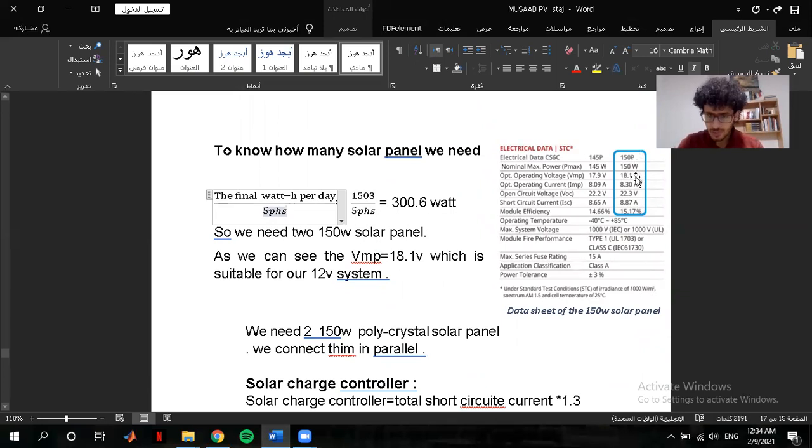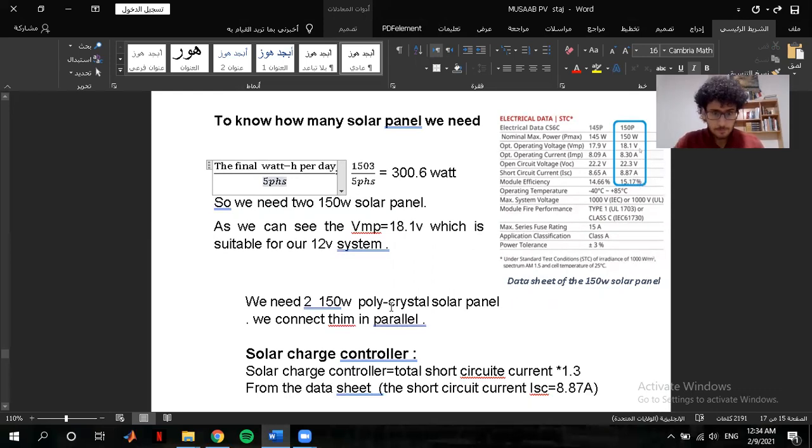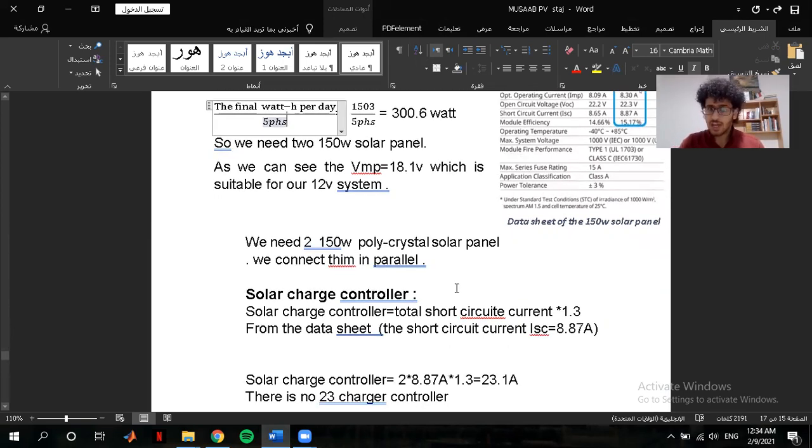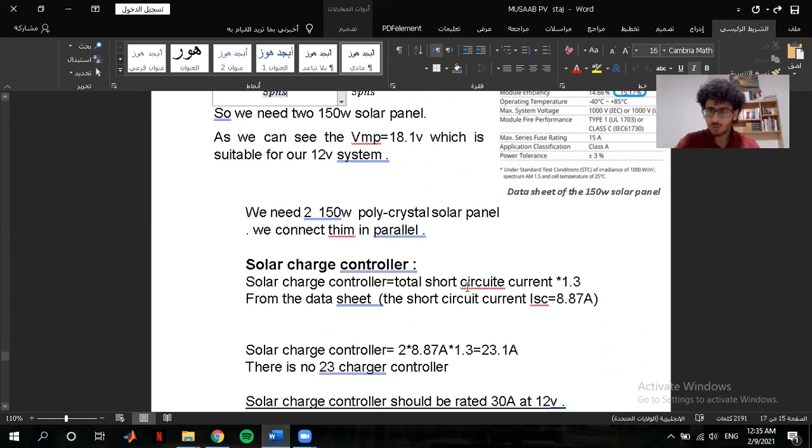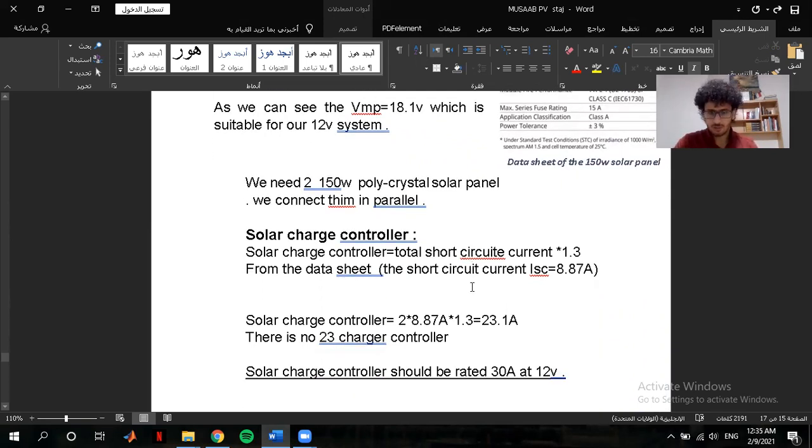Also, we can see here the VMP is 18.1, which is suitable for 12 volt systems. To know the solar charge controller, from the data sheet, the short circuit current is 8.87. We multiply it by 2 because we have 2 solar panels, also times 1.3, which is 30% for safety.